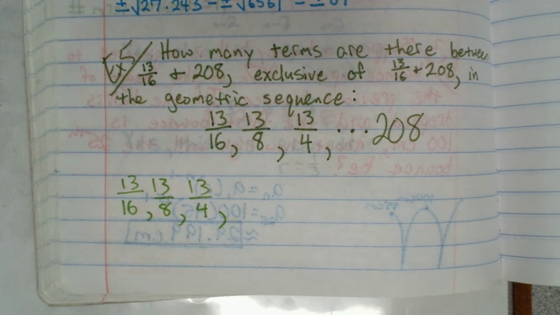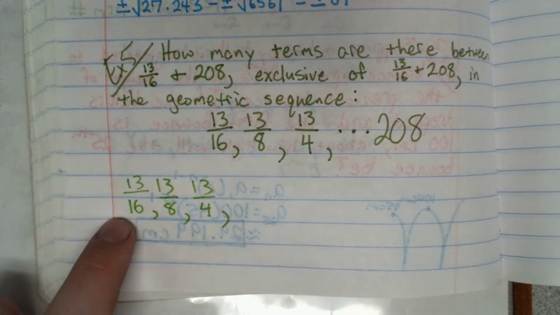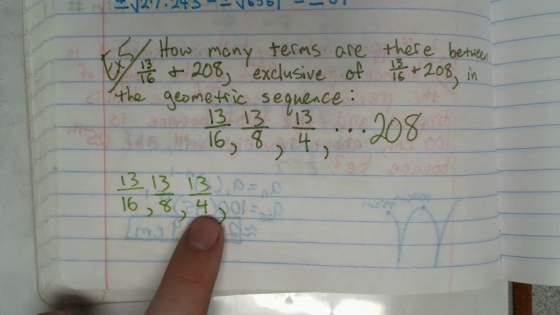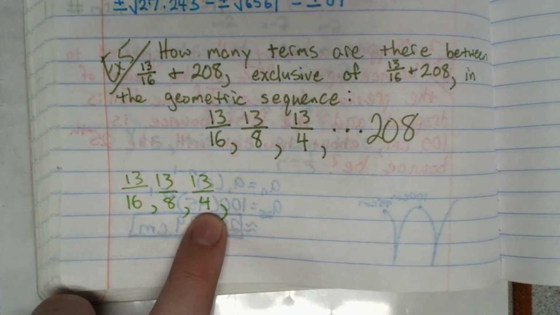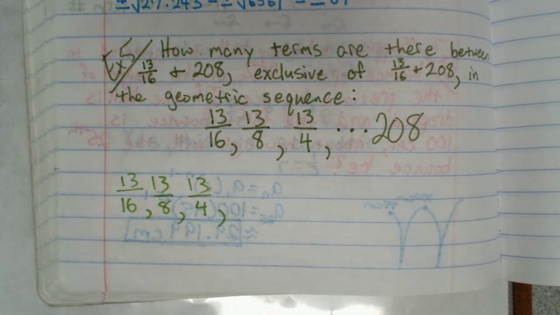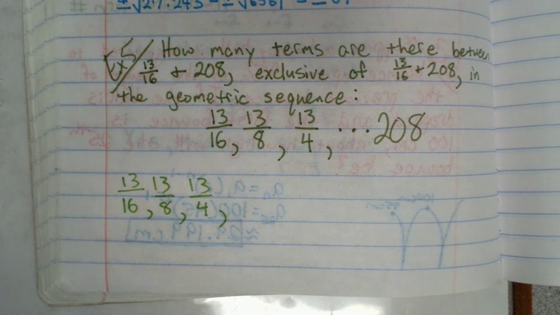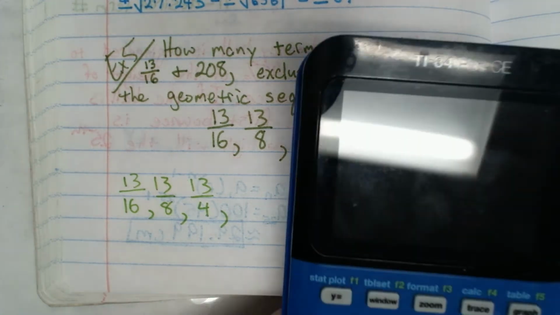You may be able to see a little bit of a pattern here. Some people may say we're dividing the denominator by 2, and that is kind of correct. But that gets confusing once we start to get into the whole numbers. So I would want to figure out a better way to say this instead of dividing the denominator by 2.